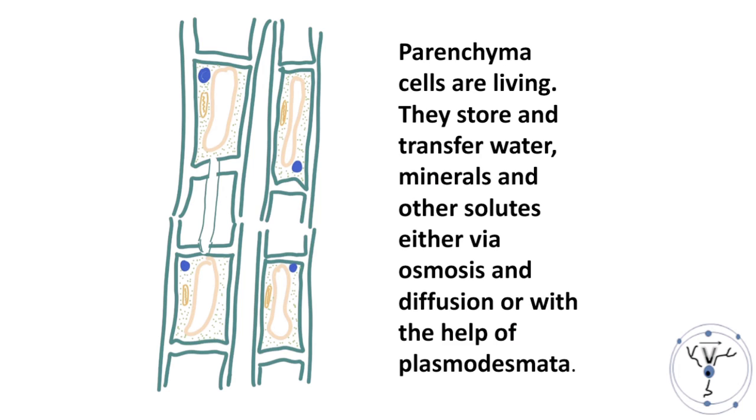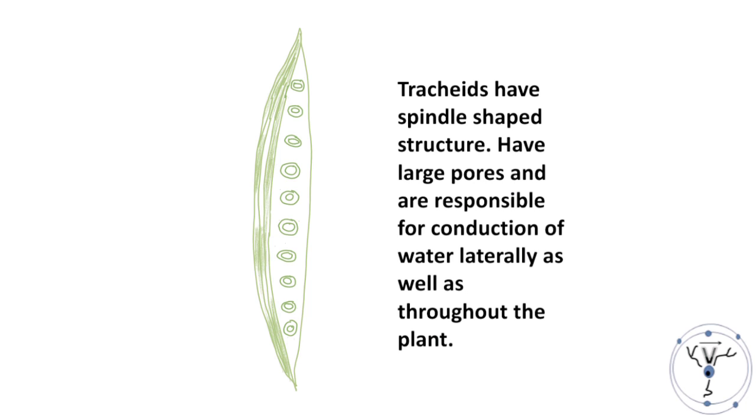Xylem parenchyma is living in nature. It is responsible for storage of minerals and water and transfer of water as well as minerals on the basis of osmosis. Xylem tracheids are spindle-shaped structures.